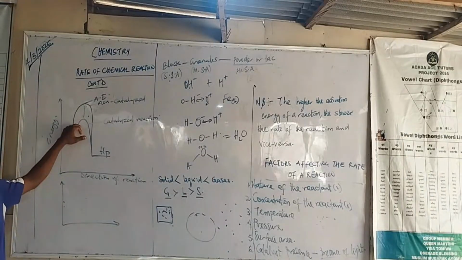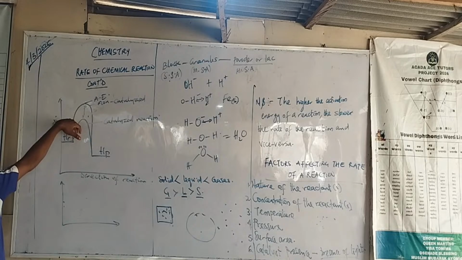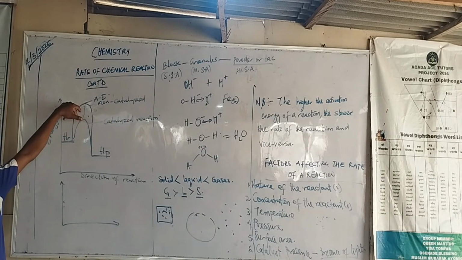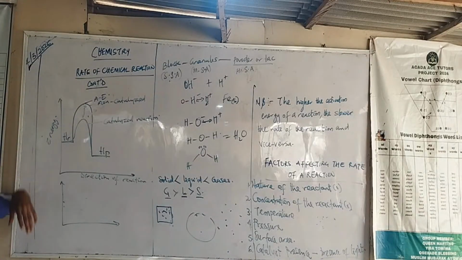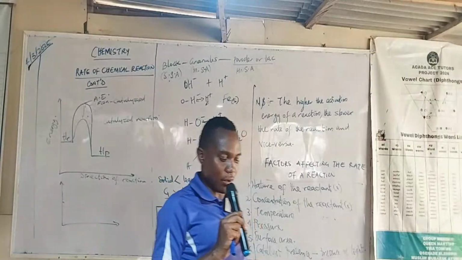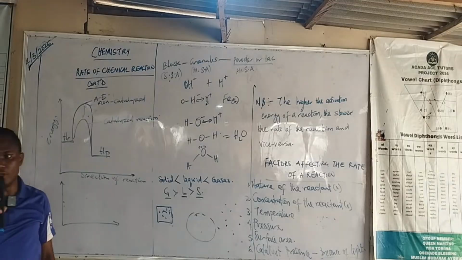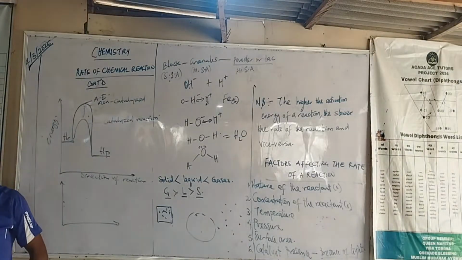Why? Because it lowers the what? This one is a positive what? A positive catalyst is at work here. Yes or no? What happened? It lowers the activation energy, and so it increases the rate of the reaction.